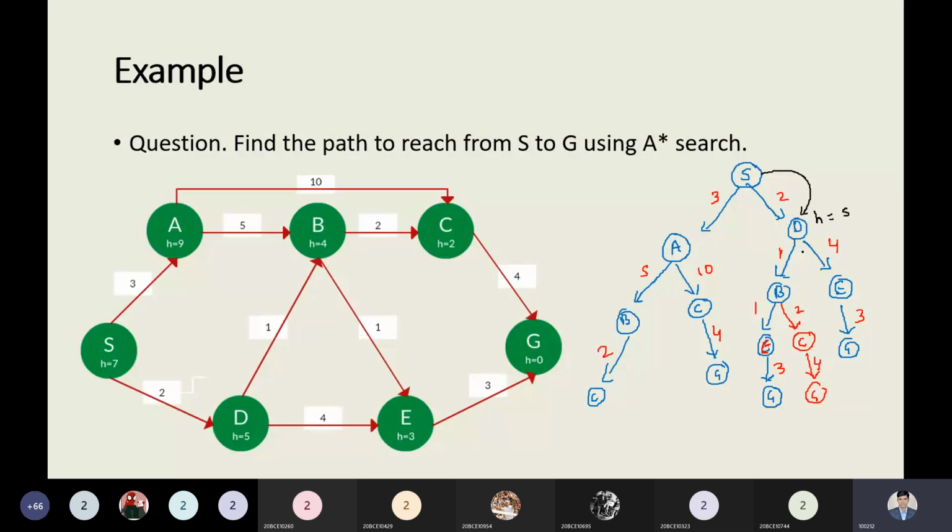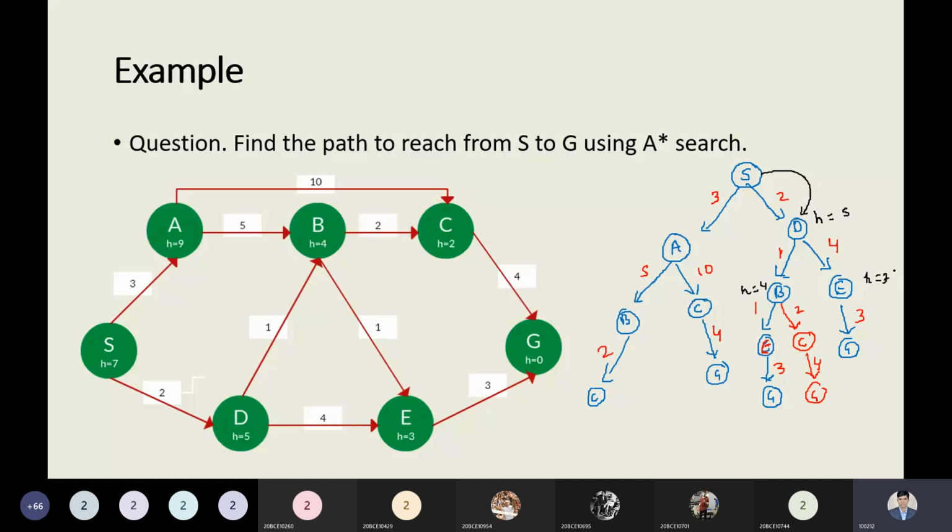And now tell me where I have to move. So B has the cost 4, and E, going D to E, has the cost 3. So tell me where I have to move right now. Sir, which method should be prioritized, UCS or A star?